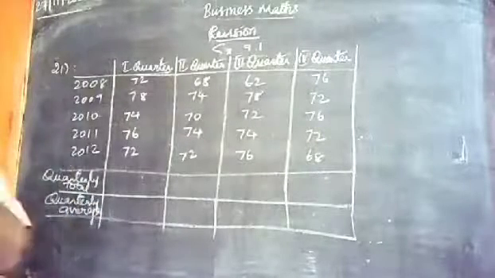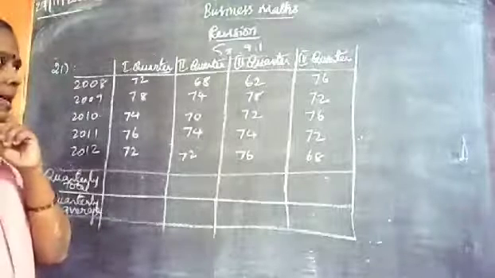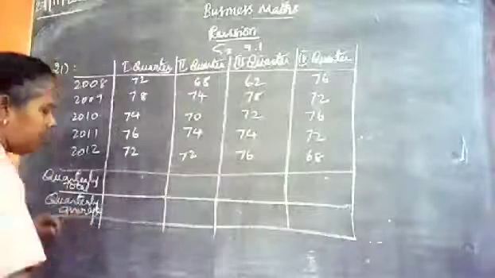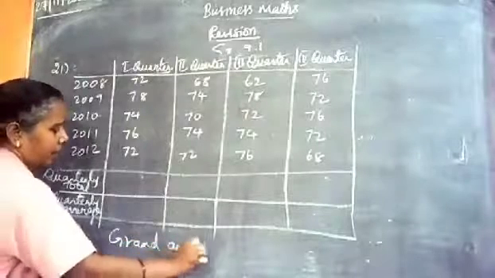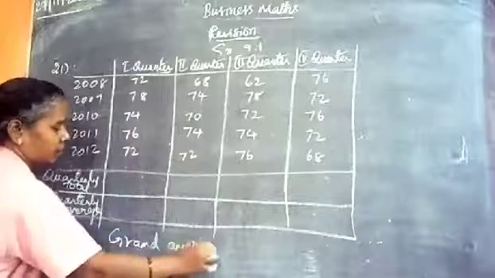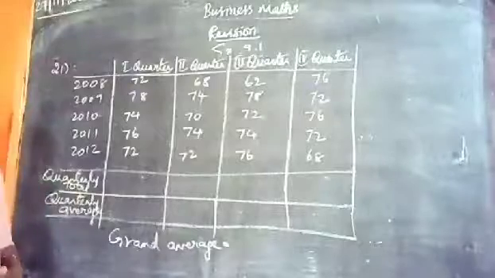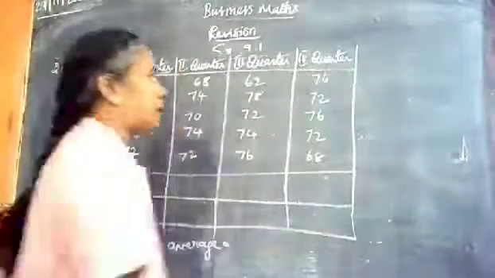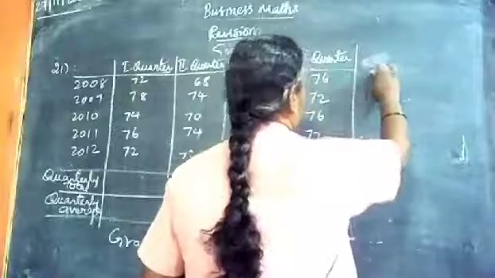Adding each quarter, and average. Grand average, we find one data, the grand average. After that, the seasonal indices for the first quarter, second quarter, and so on.